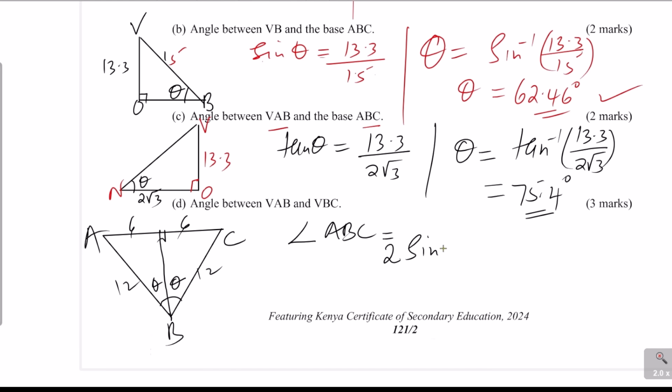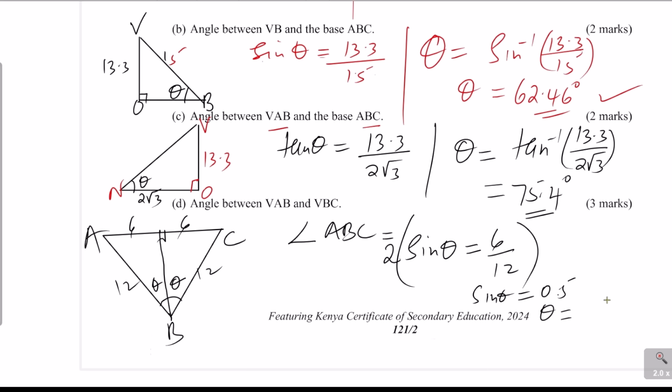2 sine of theta will be given by, sine of theta, which will be opposite divided by the hypotenuse. And this will give sine of theta is equal to 0.5. So theta will therefore give you a sine inverse of 0.5.